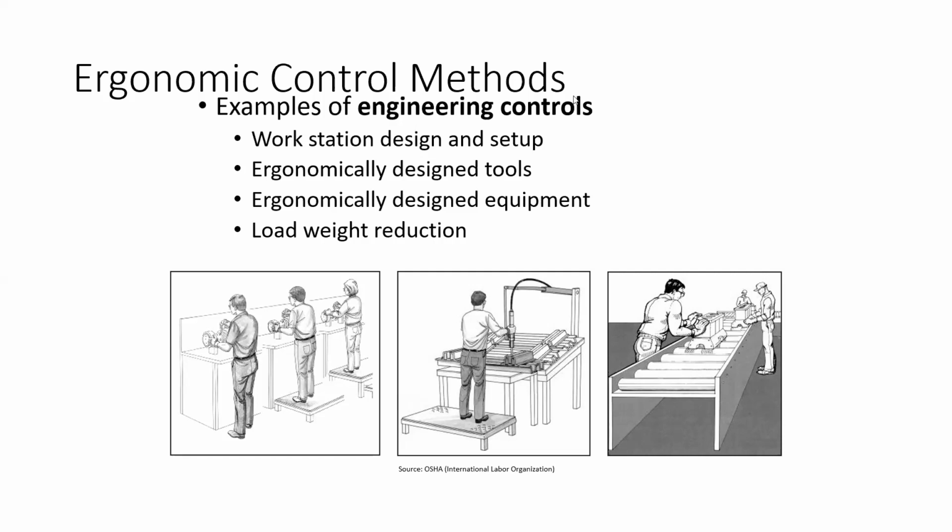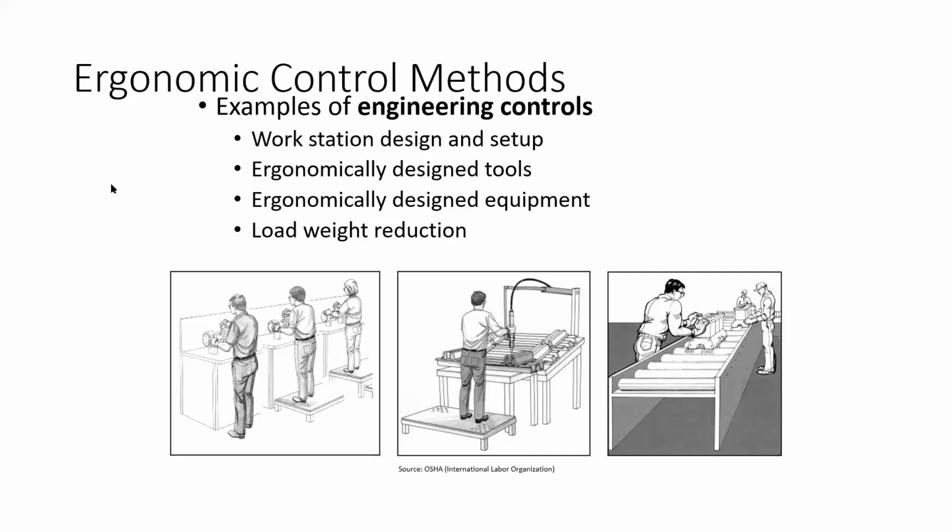In the middle, very good. Engineering control is in the middle of the hierarchy of control. It is number 3: elimination, substitution, engineering controls, administrative controls, and PPE. Please don't forget this hierarchy of controls.